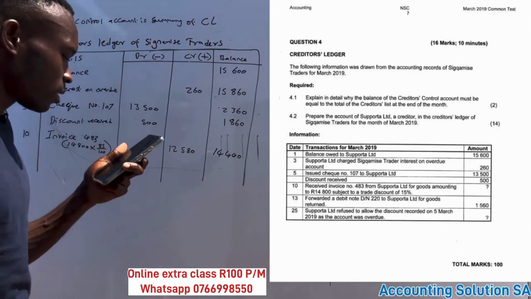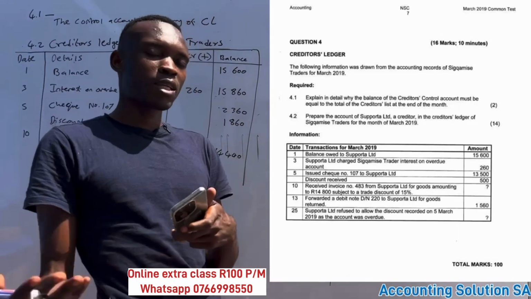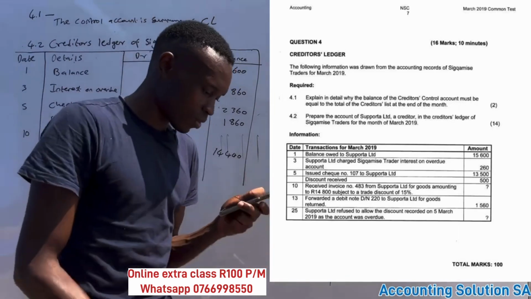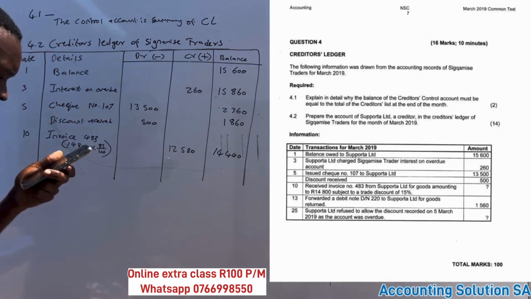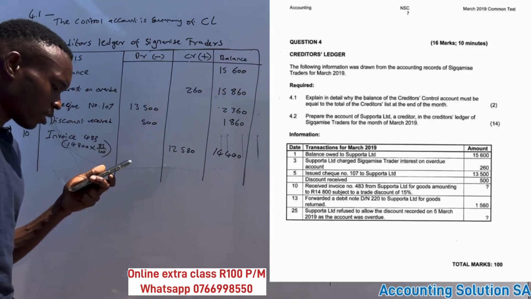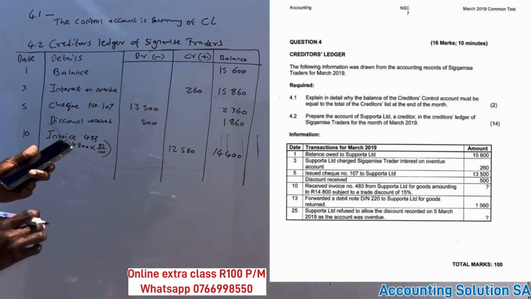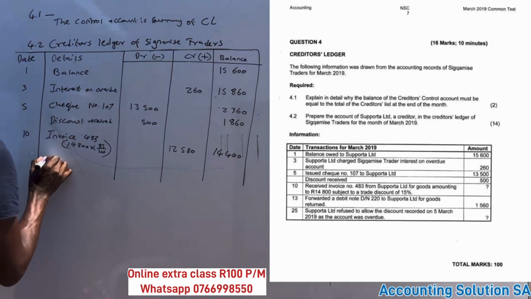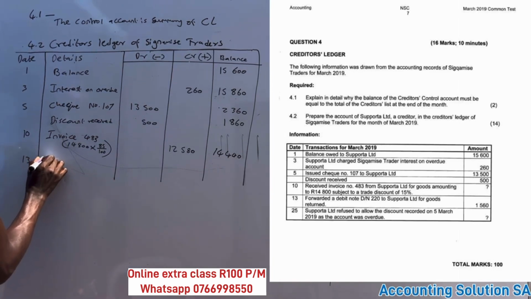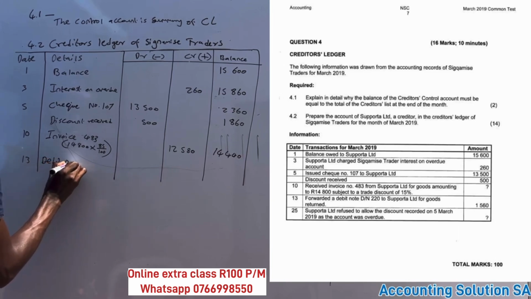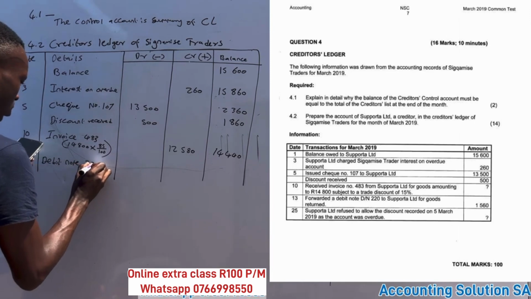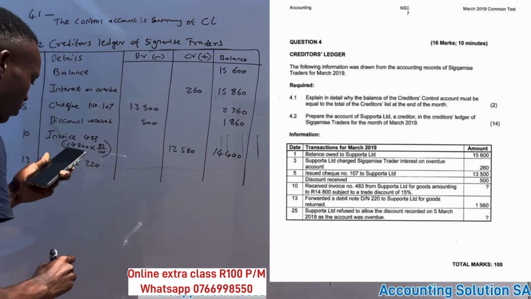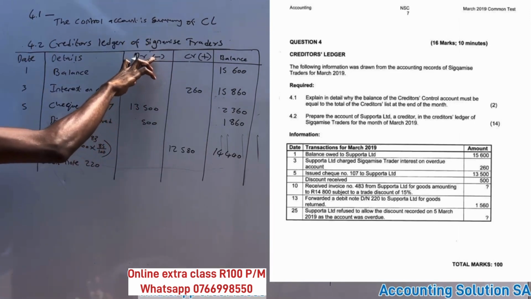Forwarded a debit note. A debit note simply means that we return something. A debit note of 220 to Support for goods returned, and the amount is 1,560. On the 13th we have debit note number 220, we returned goods, which means that our liability is going to decrease.